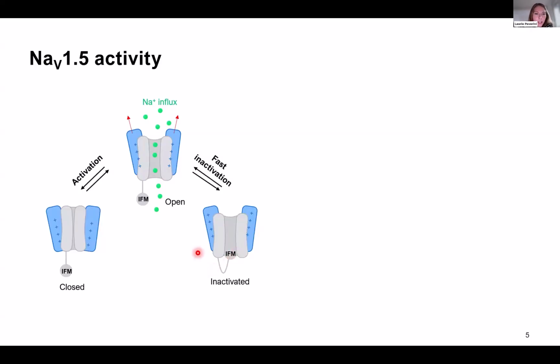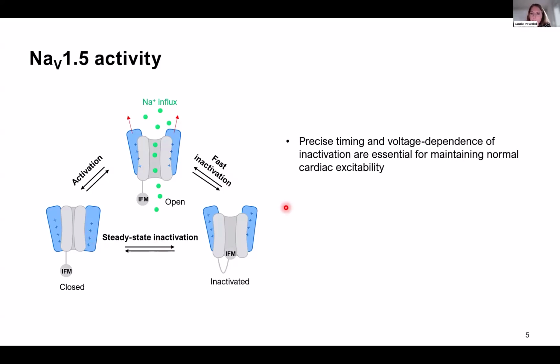On this figure, the IFM is represented as occluding the pore, but this is not the case. It's not directly occluding the pore. It's an allosteric closure of the pore. Inactivation can also occur from a closed state via a transition that is known as steady-state inactivation. The precise timing and the precise voltage dependence of inactivation are really essential for maintaining normal cardiac excitability.